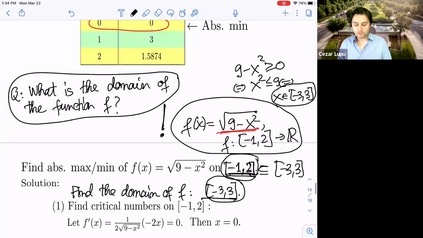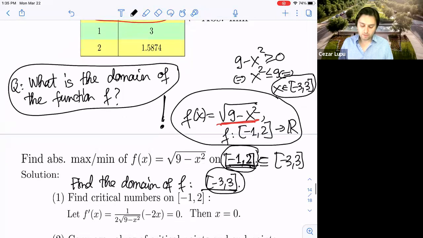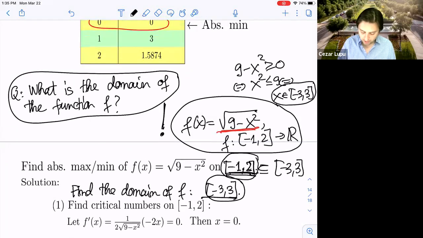So again, we're going to set the derivative of f to be 0. And the derivative, I'll leave it to you as an exercise, is given by this. So this is an exercise for you. You will use the chain rule for this function, right? And you're going to set it equal to 0.